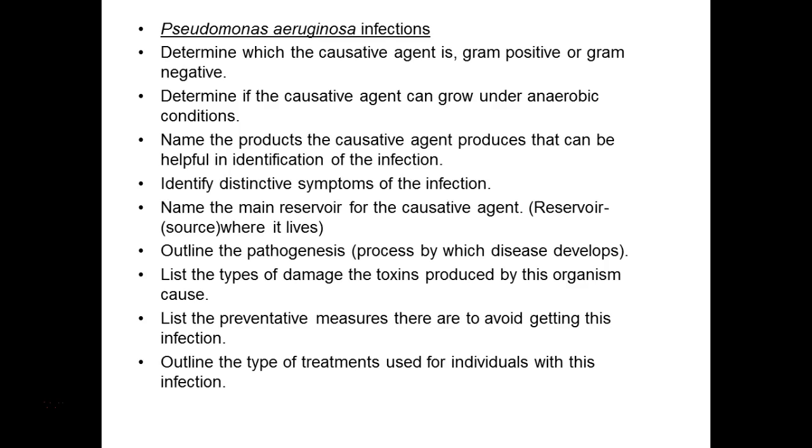Pathogenicity is really important, right? How is it that it causes infection? Basically, how does it evade our immune system for the amount of time that it does in order to cause the infection, to be able to eat us without us destroying it? Then, of course, how can we prevent it? We always want to know how we can prevent these things. And then we want to be able to treat, and treat effectively, right?